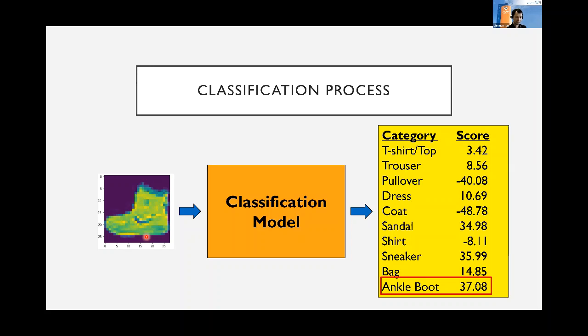This is probably the most common way that it's done. We feed an image into our classification model. The classification model gives us a score for each of the categories. Then based on the score, we can identify which is the most likely category that this image actually belongs to. So I think this should be fairly straightforward. Any questions or clarifications?